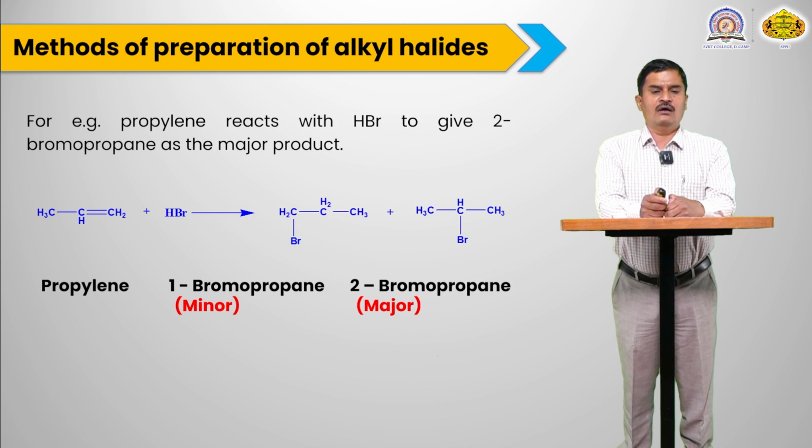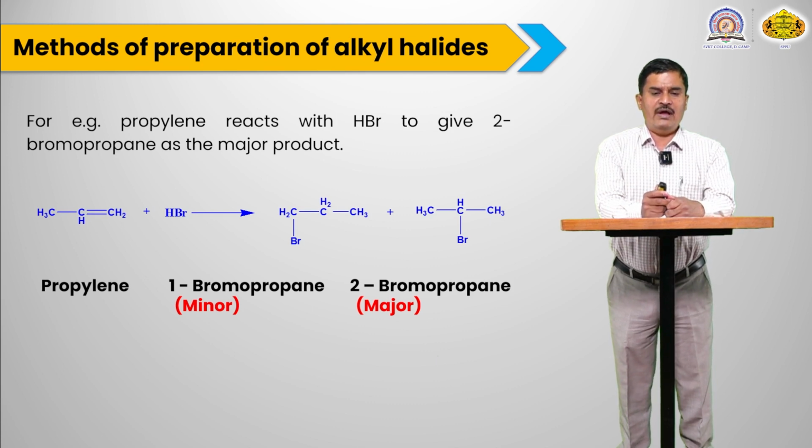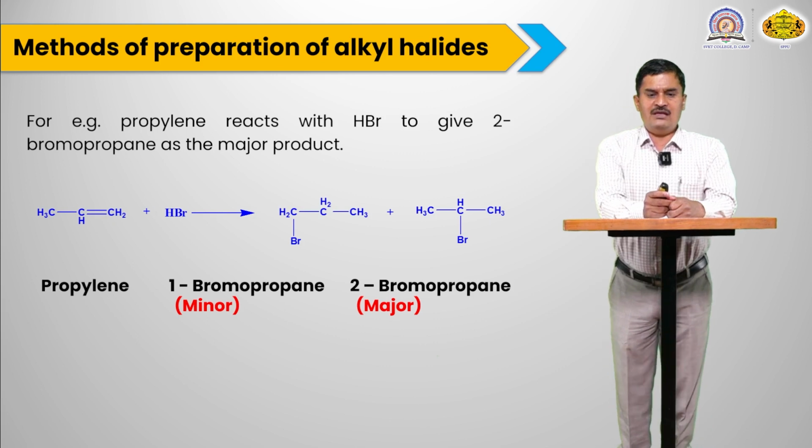In this double bond, one carbon is attached to one hydrogen and the other carbon is attached to two hydrogens, so the number of hydrogen atoms is less on carbon number 2. So the halogen adds at carbon number 2, and that product is the major product. That's why 2-bromopropane is the major product while 1-bromopropane is the minor product.